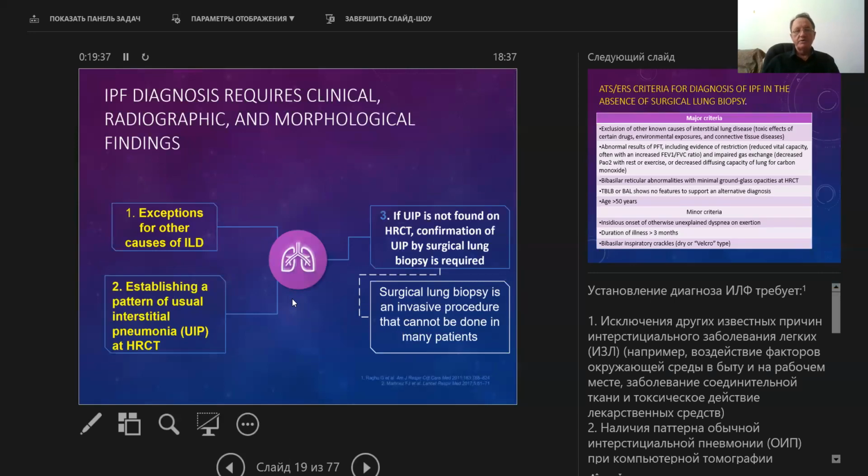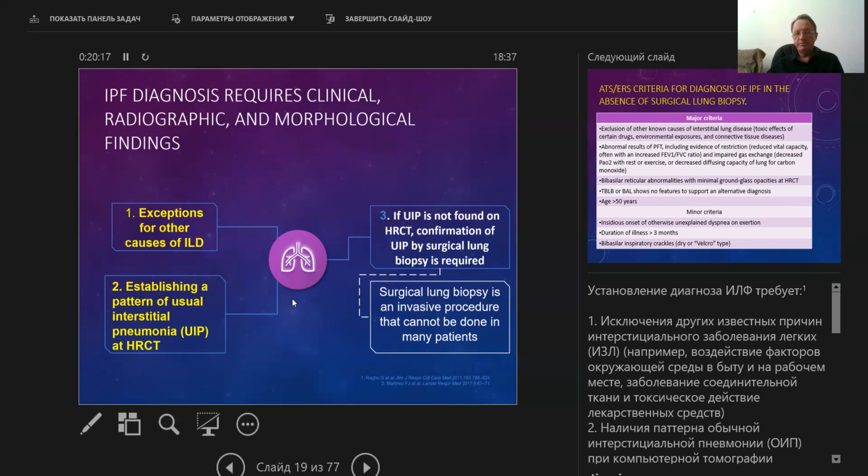So IPF diagnostics are based on clinical, radiographic, and morphological findings. If the patient has clinical signs and we think about it, and radiographic confirmation of usual interstitial pneumonia, we have all the criteria for making the diagnosis of IPF.